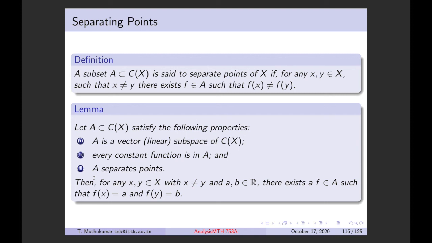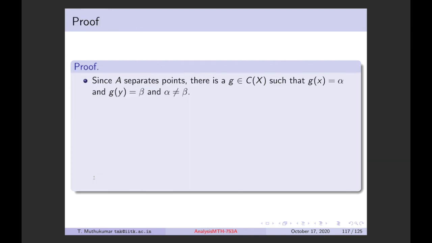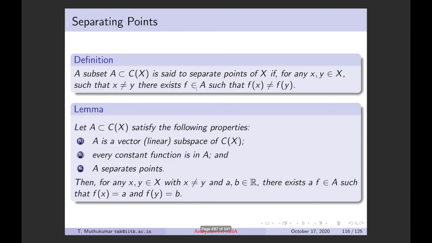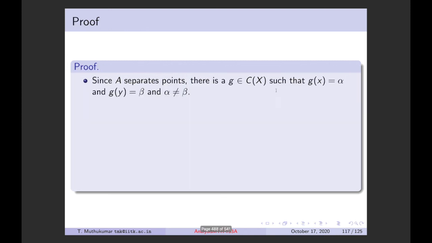So what is the proof of this? We have assumed that the subset A separates points. So by the definition of separation of points, suppose I take x and y, distinct. For these two distinct points x and y, you can find a function g in A such that g(x) is not equal to g(y), from the separation of points.